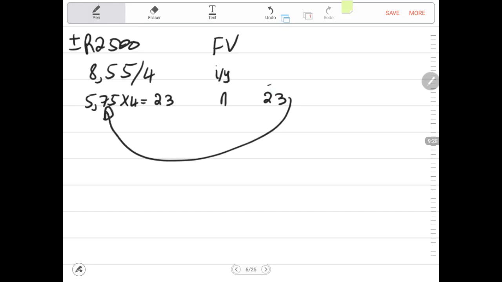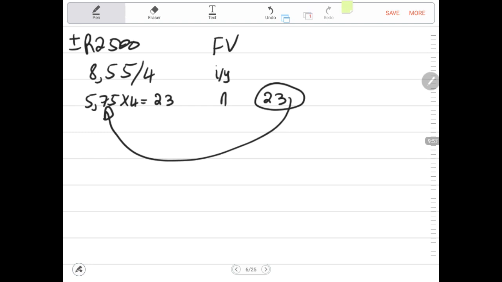If this interest will be compounded 23 times, how can we convert this 23 times back to the number of years? If we're given n as 23 times, which is the number of compounds, then we're required to calculate back the number of years, to say how many years the amount was invested for if it was compounded quarterly.